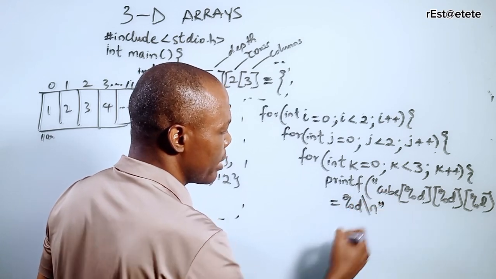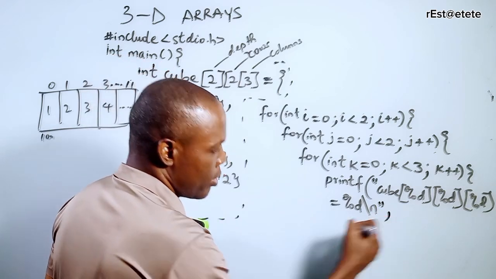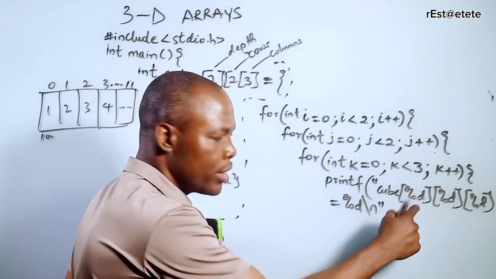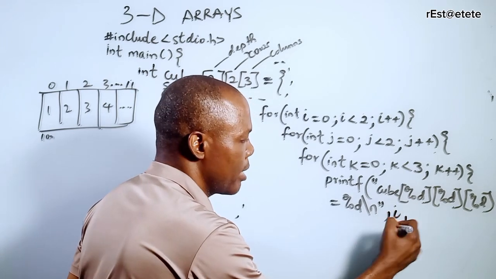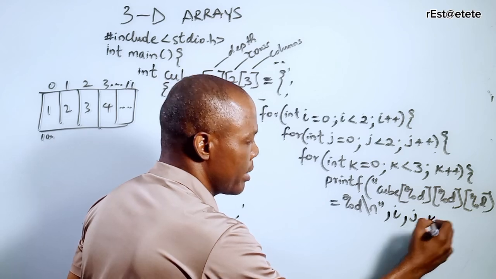I'll close this. Then comma. For the first %d, we'll supply i. For this one, we'll supply j. For this one, we'll supply k.